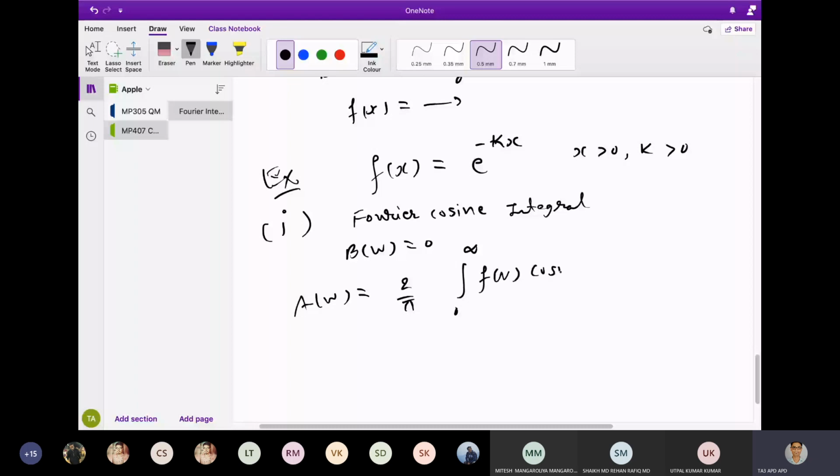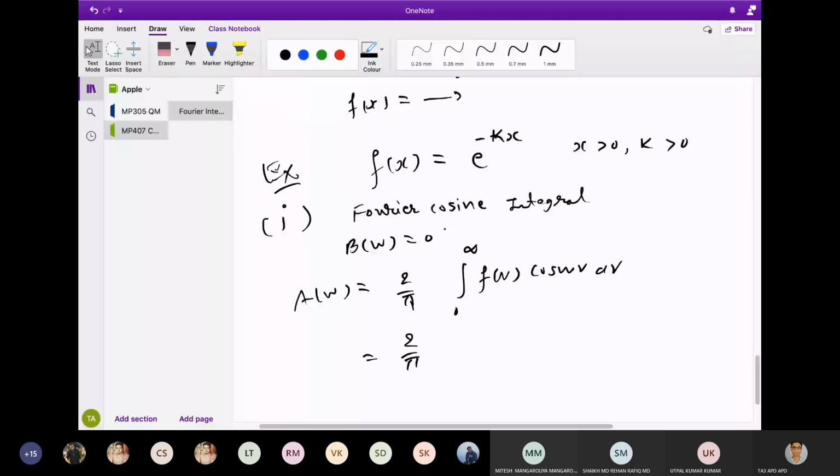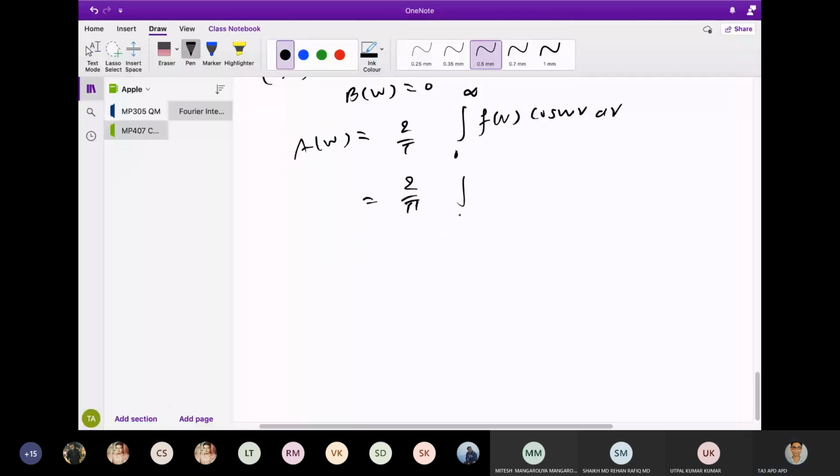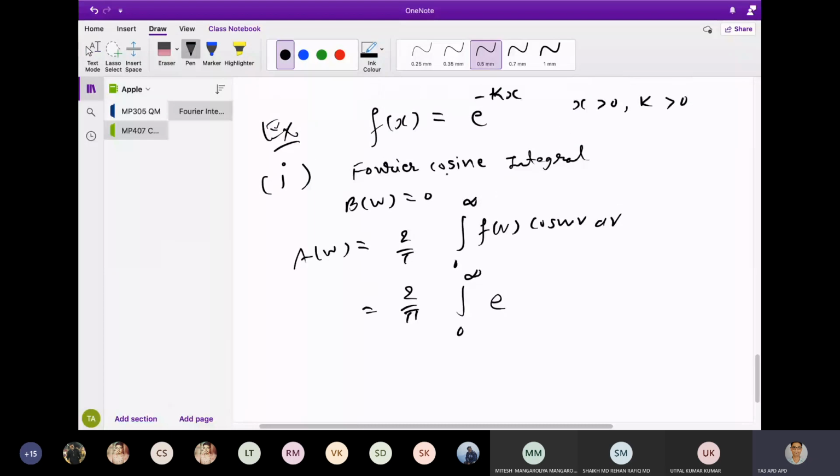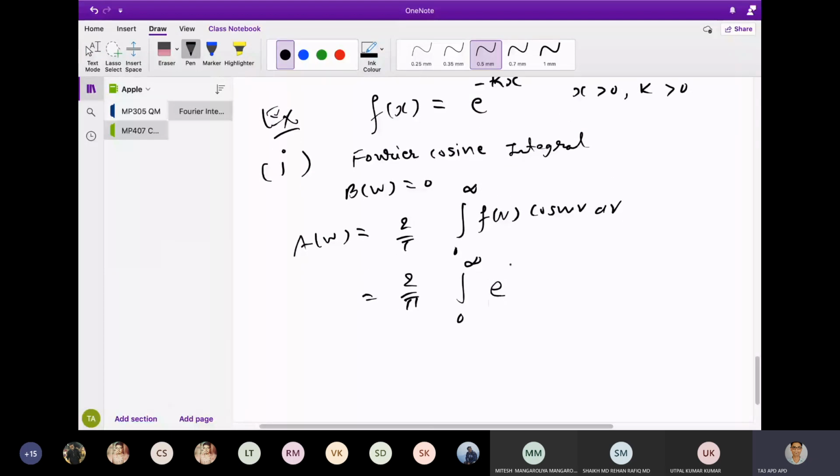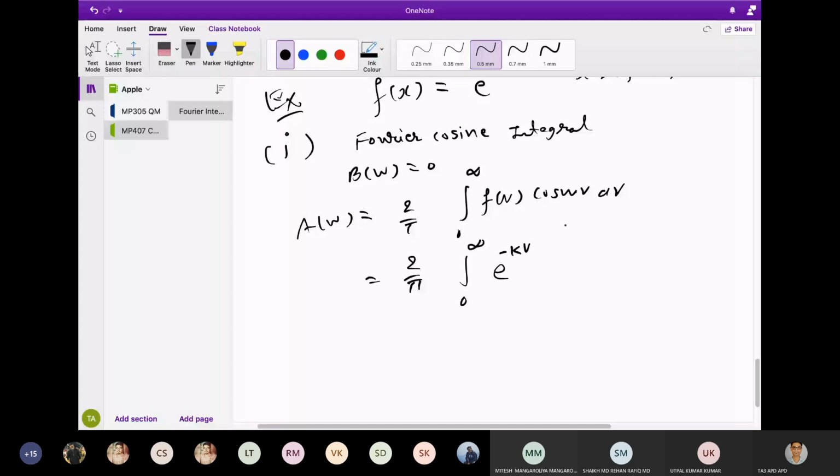So this is equal to 2 over pi, integral from 0 to infinity, where f of x is equal to e raised to minus kx, so f of v is equal to e raised to minus kv, into cos wv dv.